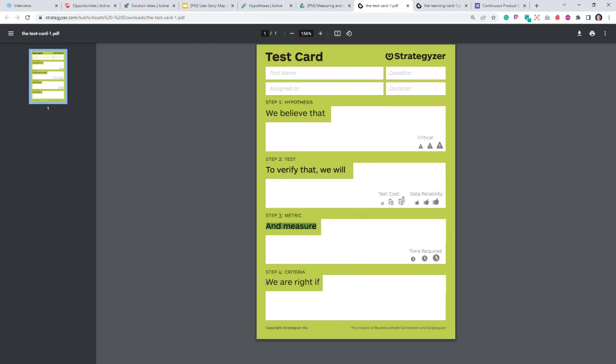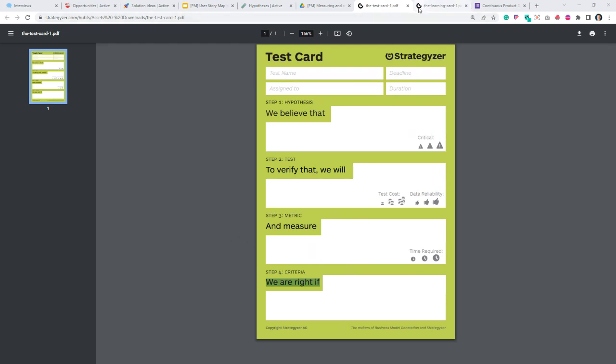And the last step is, how do we know that the hypothesis was correct? For example, 70% of people clicked the right button, and it was the first click that they performed when they saw the prototype. So this might be a success criteria. It means that people can figure out how to use this solution.